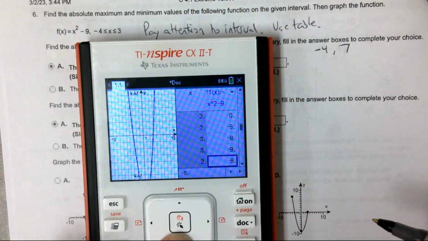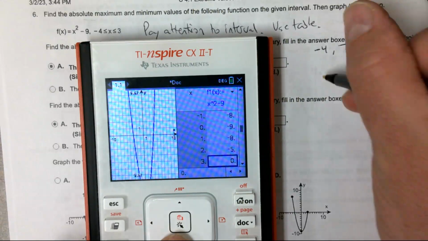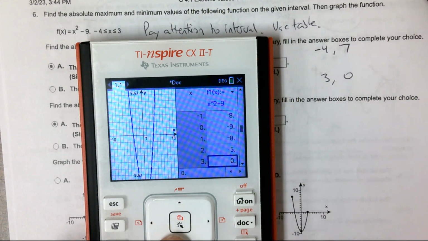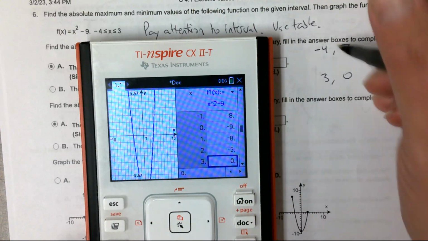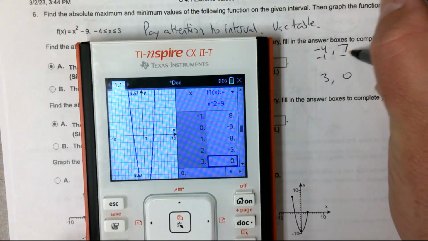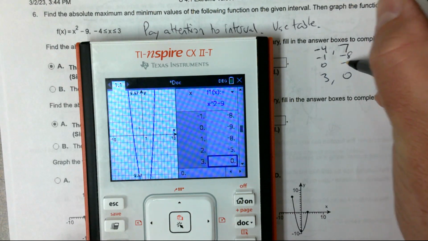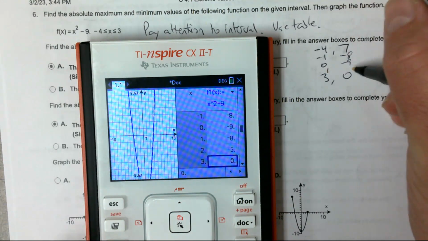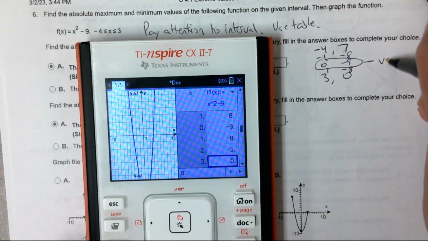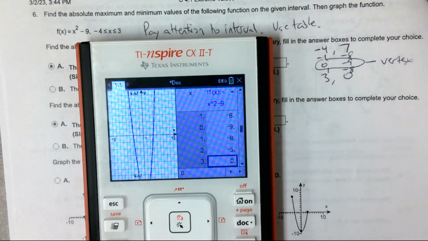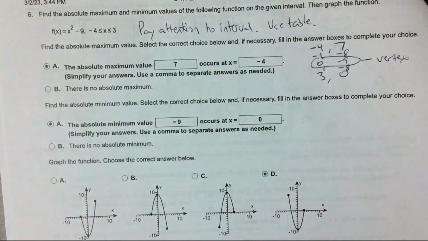And we go to 3. And it has 0. And then when we look for the symmetry between, like I see -1, -8, I see 0, -9, and I see 1, -8. So that means this is my vertex.